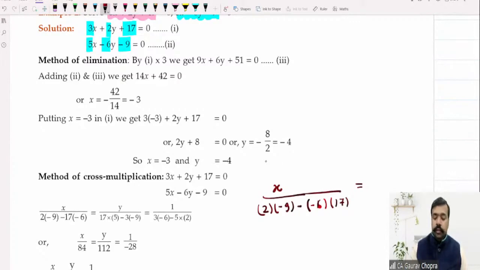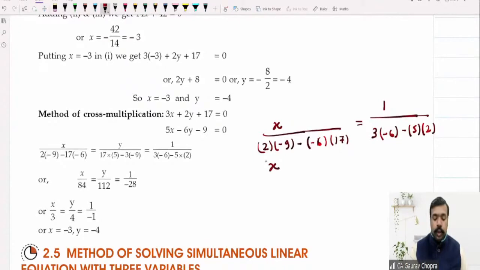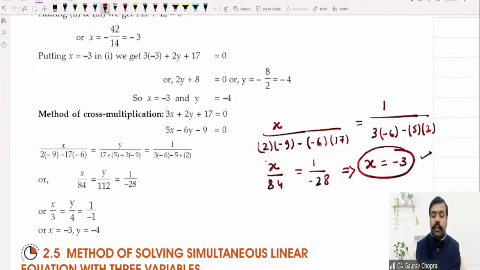And we have to compare this with 1 divided by, since we are comparing with the constant part, a1 b2 minus a2 b1. So 3 into minus 6 minus 5 multiplied by 2. Just by solving them, we are getting x by 84 equals 1 by minus 28. So from here, we are getting the value of x as minus 3. The value of x is equal to minus 3.